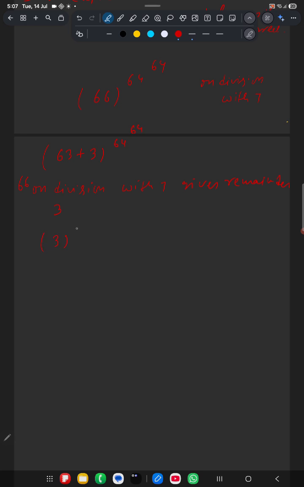Now you have to check 3 power 64 power 64, and for that the cyclicity of 3. 3 power 1 is 3, 3 power 2 is 9, 3 power 3 is 27, 3 power 4 is 81, 3 power 5 is 243. So you can see that the cyclicity of 3 is 4. After that it is again repeating the same thing.